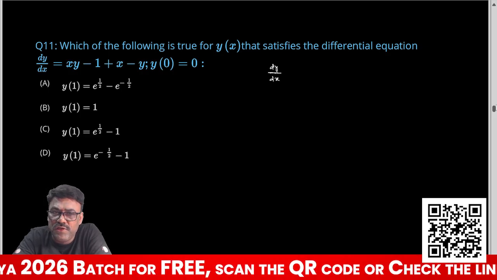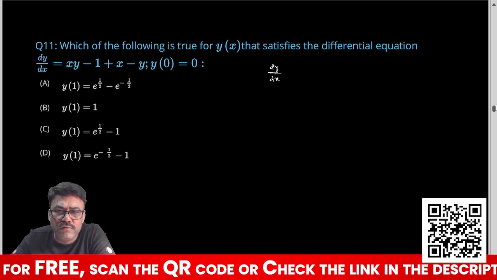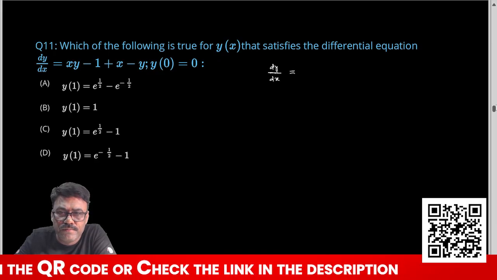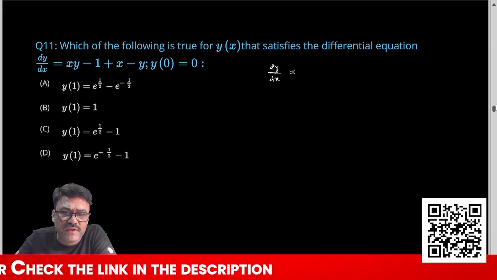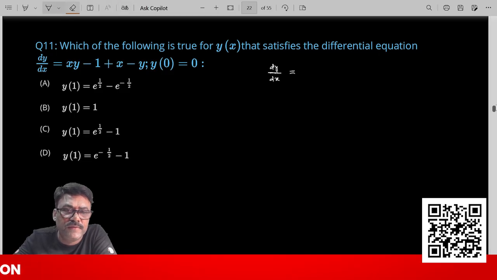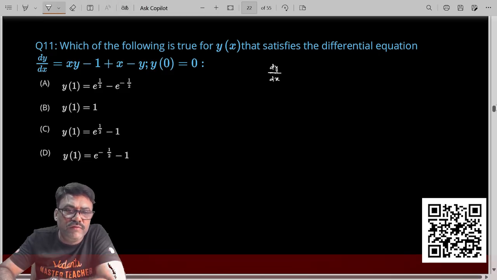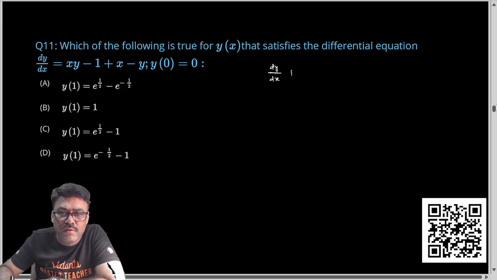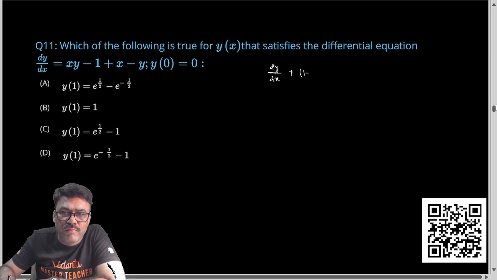But I'm using linear differential equation. So what I will do, I will take y common. In fact, take every y term on the left side. So you will get dy by dx plus 1 minus x times y is equal to x minus 1. You can write like this.